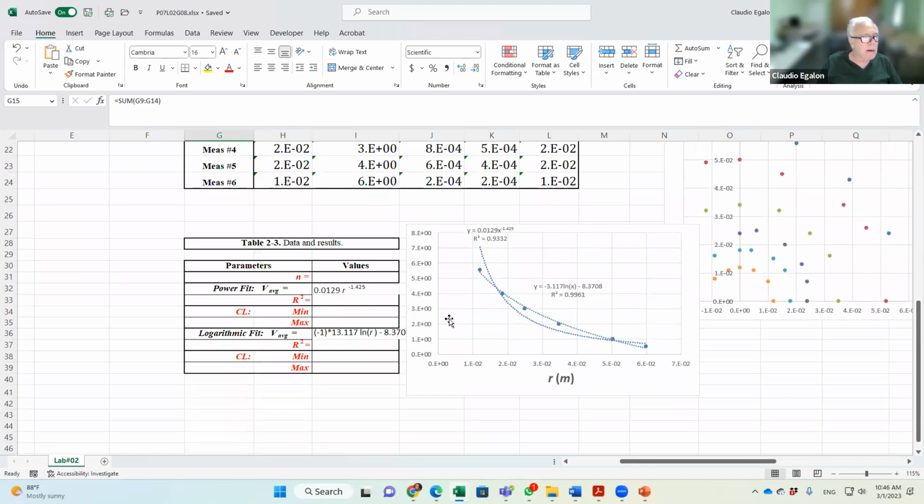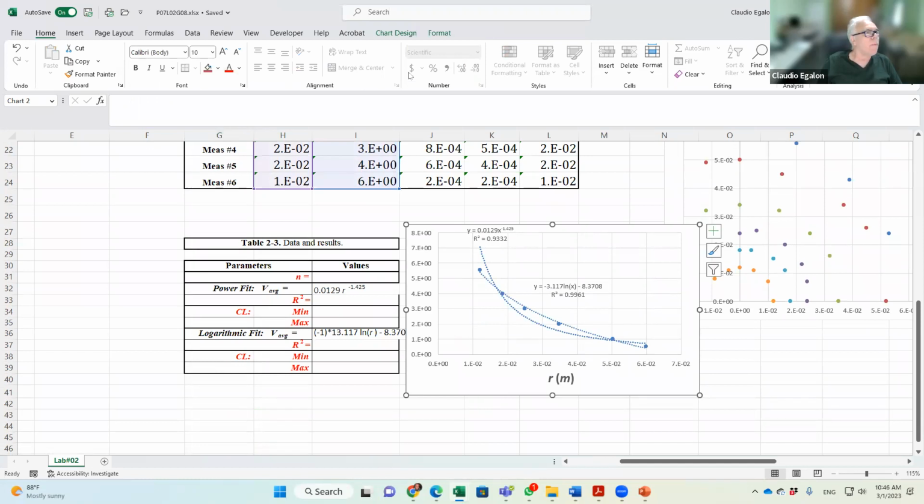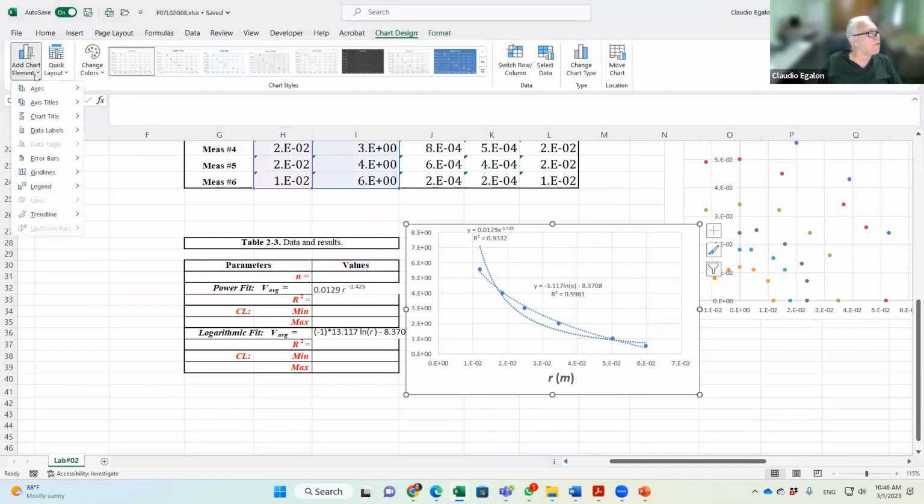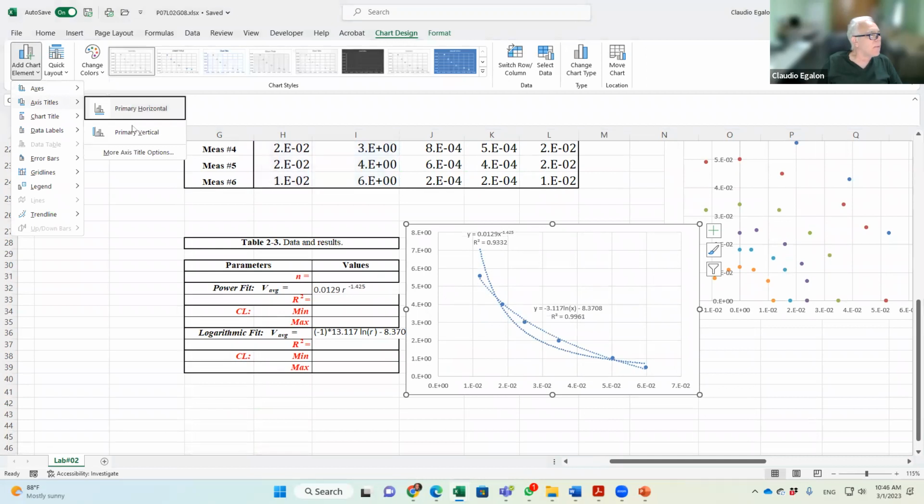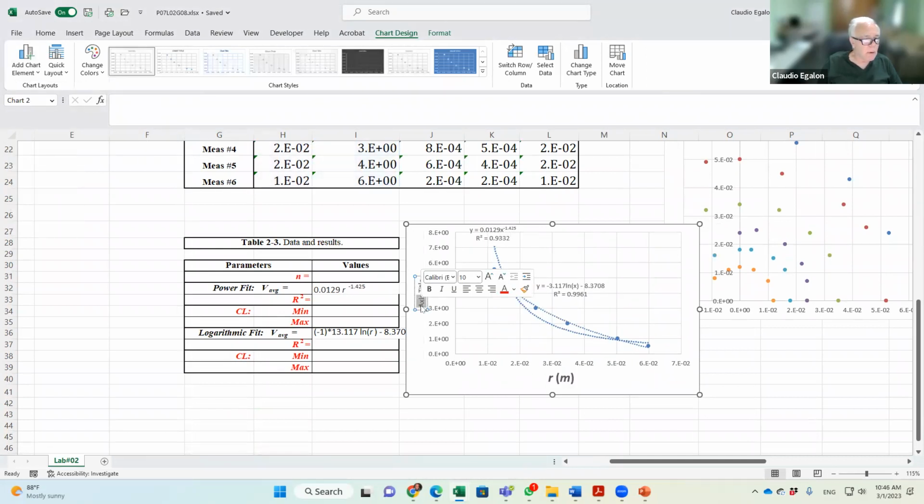So we go R, and we'll have to add chart element, axis title, primary vertical.